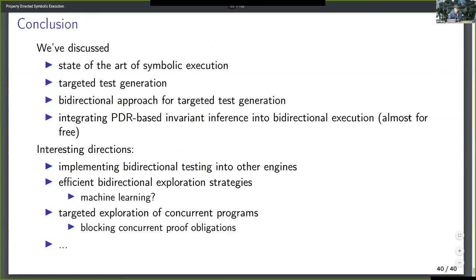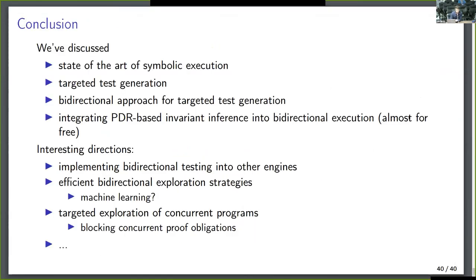Let me go to the concluding part. We've discussed the state of the art of symbolic execution and targeted test generation. I have presented the bidirectional approach for targeted test generation. And we have some interesting directions for future work, like implementing this bidirectional approach in other symbolic execution engines. So if you have your engine and are interested in implementing it, please contact me.